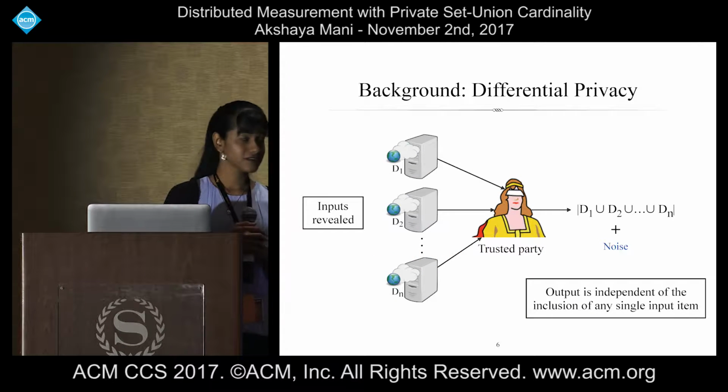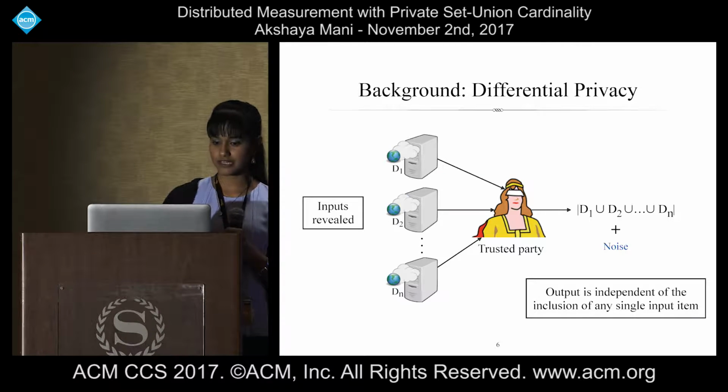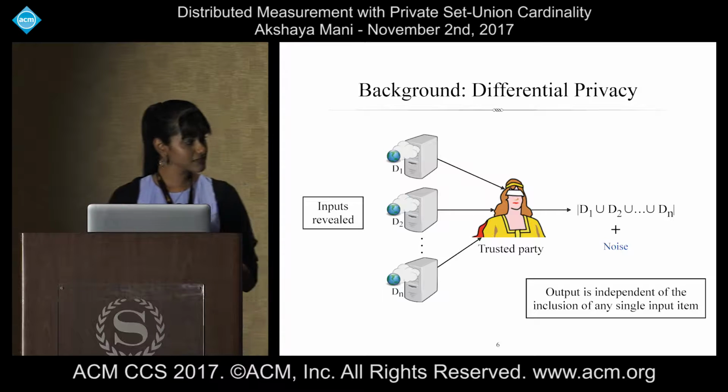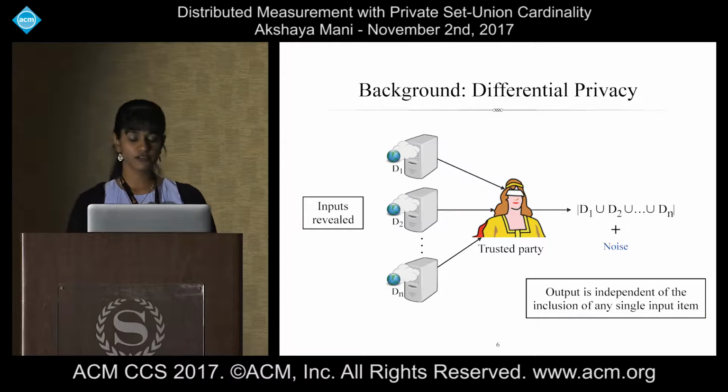As background, we now use differential privacy to solve one of the challenges we saw in the previous slide. Again, there are N databases. They send the data sets to the trusted third party. In this case, the trusted party, instead of just outputting the cardinality of the set union, outputs the cardinality of the set union plus noise, which is a random value.